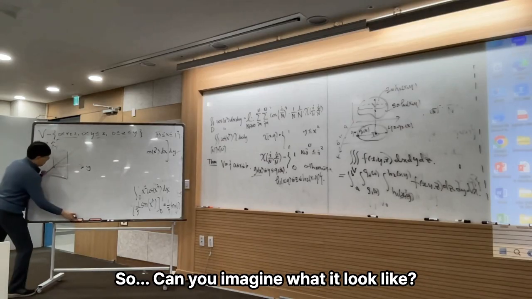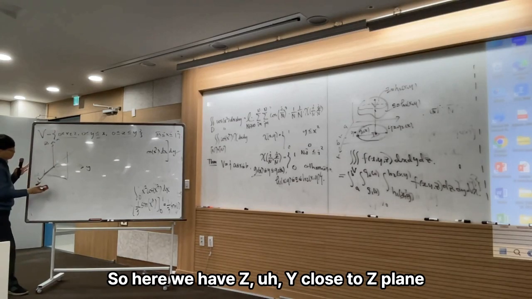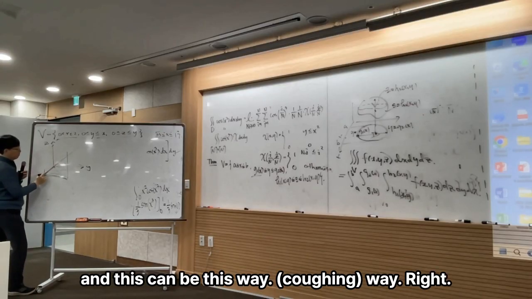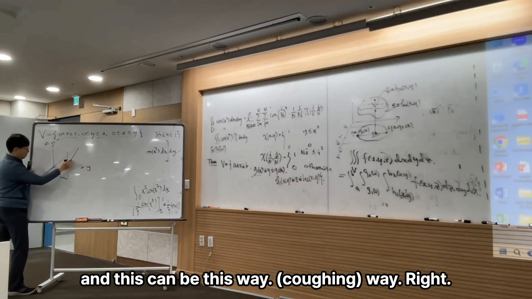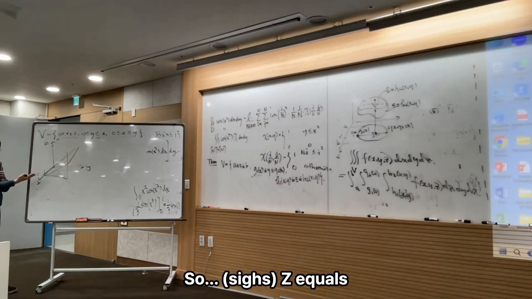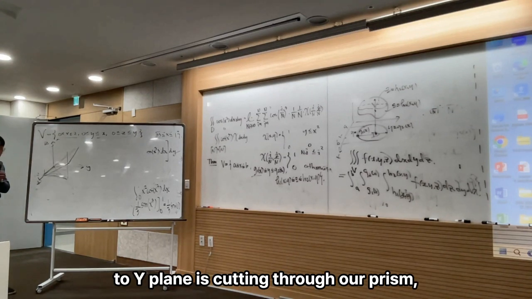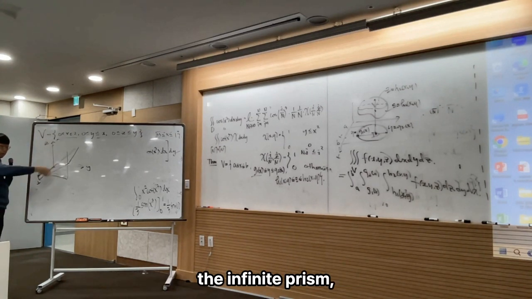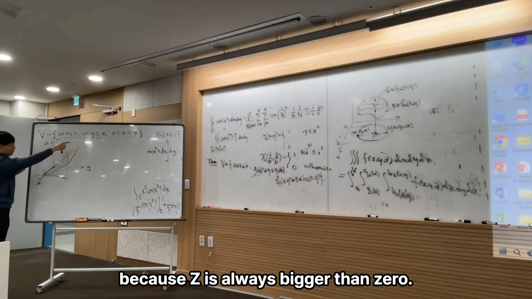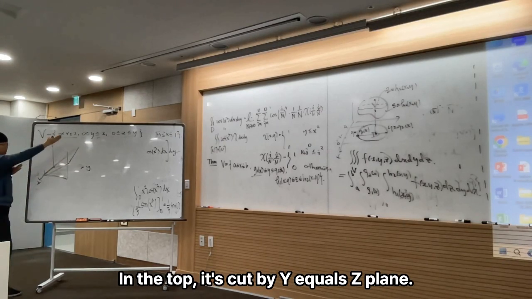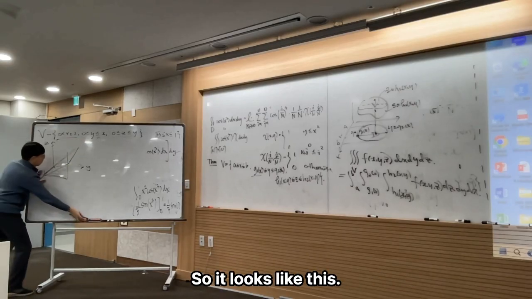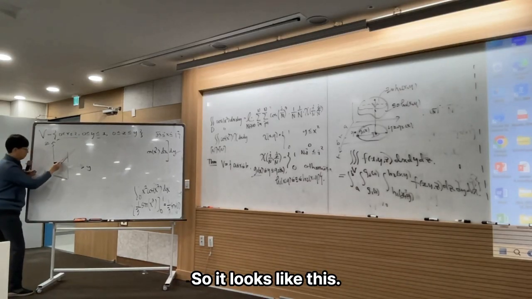So can you imagine what it looks like? Here we have the y equals z plane, and it can be this way, right? So the z equals y plane is cutting through our infinite prism, but the prism is cut in the middle here because z is always bigger than 0. At the top, it's cut by the y equals z plane. So it looks like this.